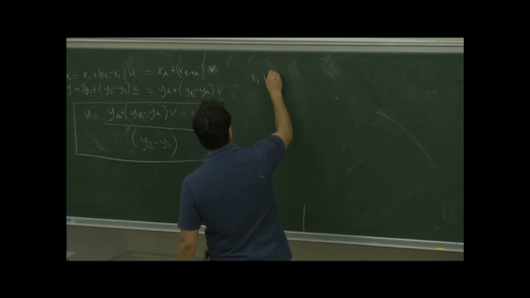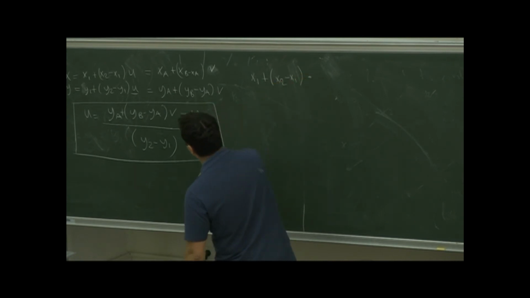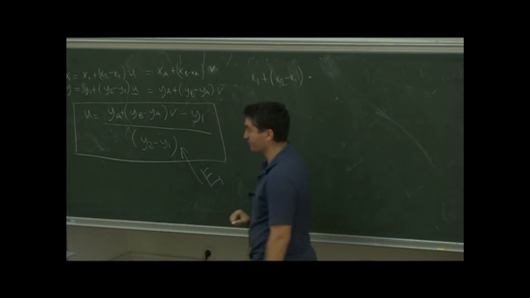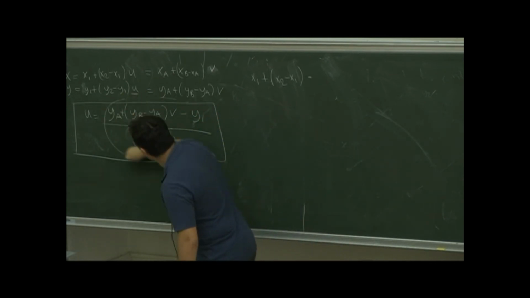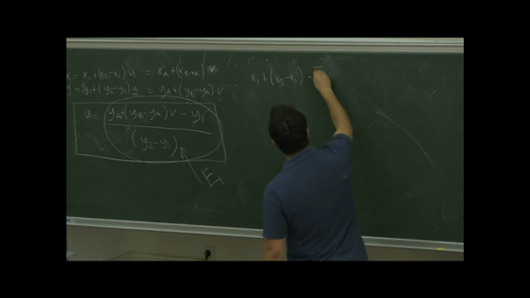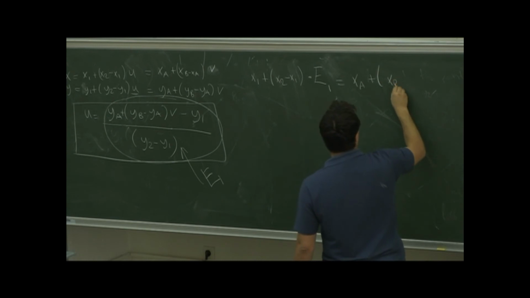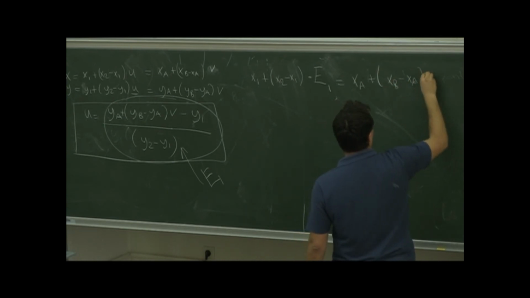x1 plus (x2 minus x1) times this thing here, let me name it E1. I mean this part, I name it as E1, so this one times E1 equals xa plus (xb minus xa) v.